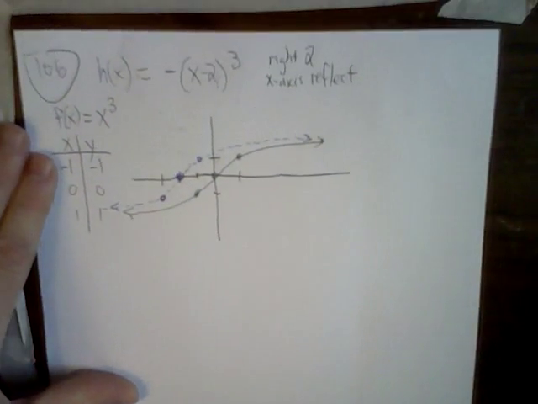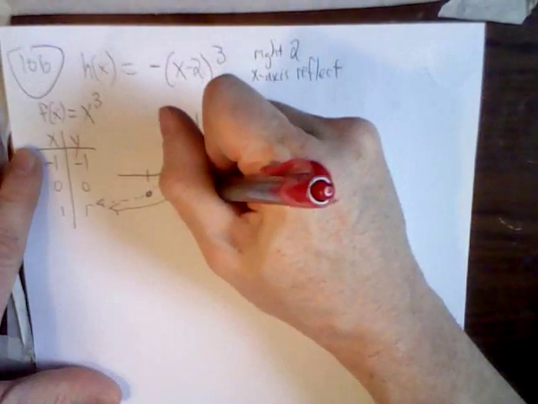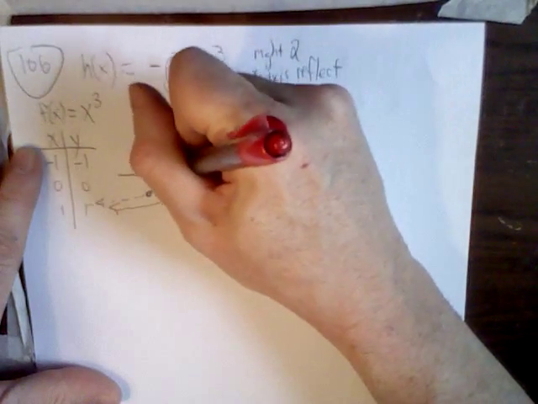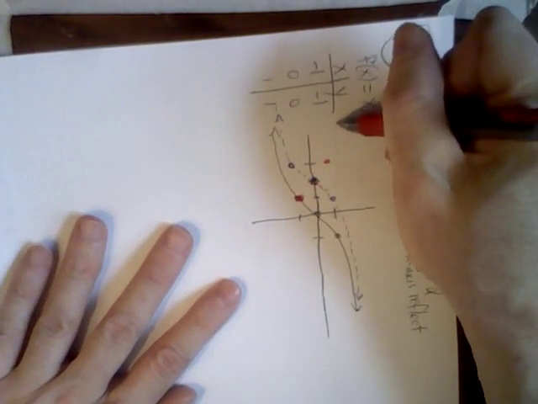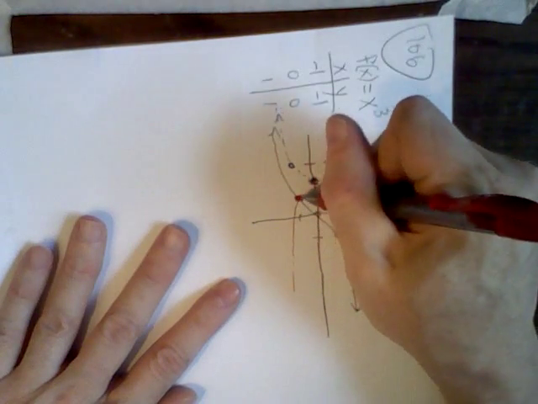And then we have our x-axis reflection. Okay, so this guy's going to go here. This guy will stay where it is. This guy will go here. And then that'll be our final graph.